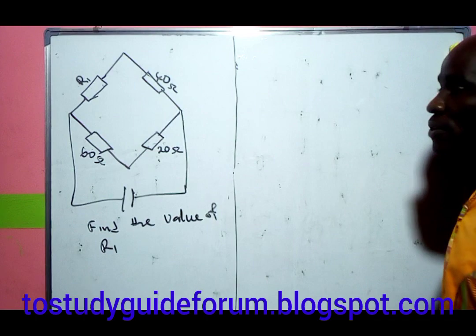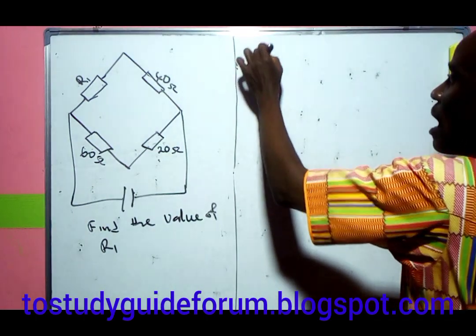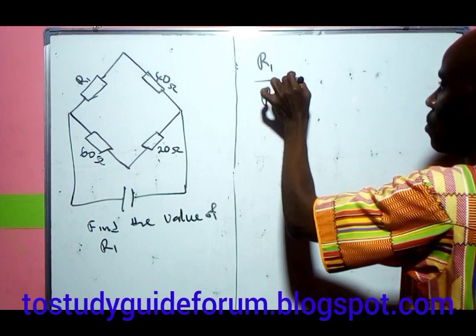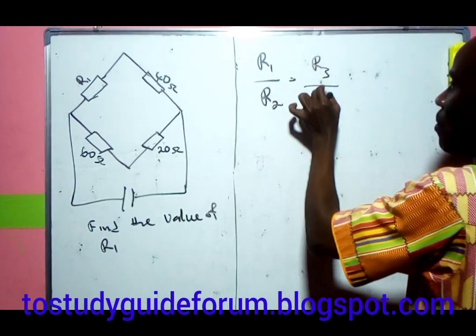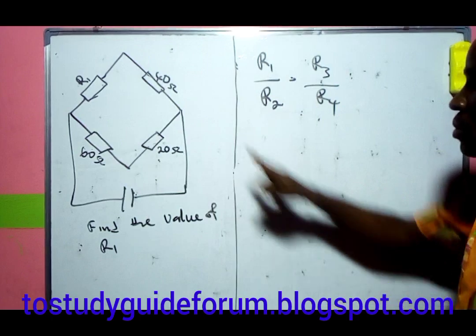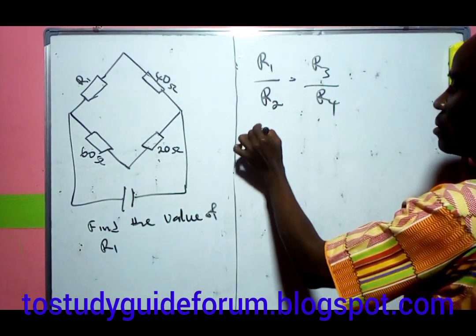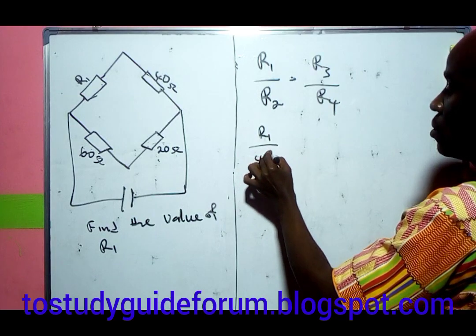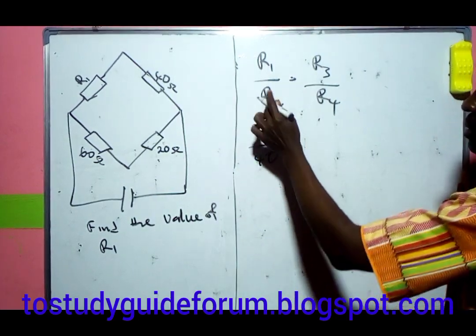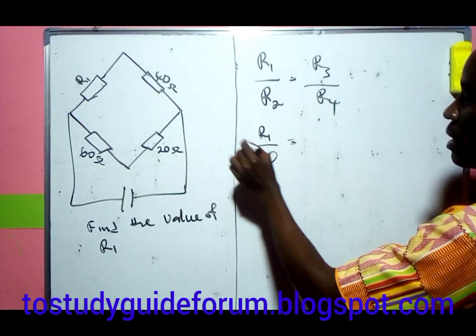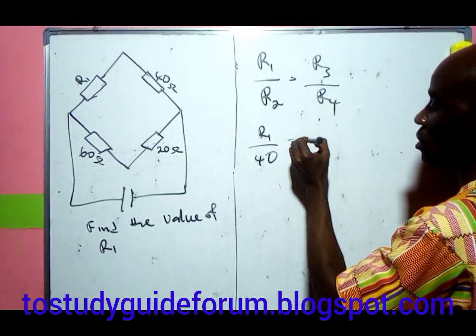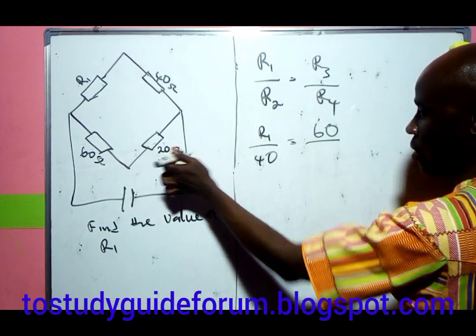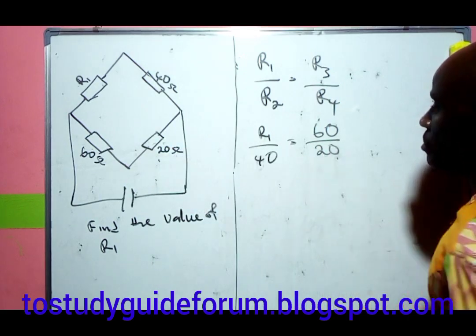Now remember, from the formula we have done so far, R1 over R2 equals R3 over R4. R1 is unknown, but R2 is 40, R3 is 60, all over R4, which is 20.